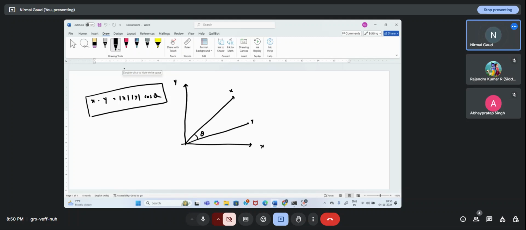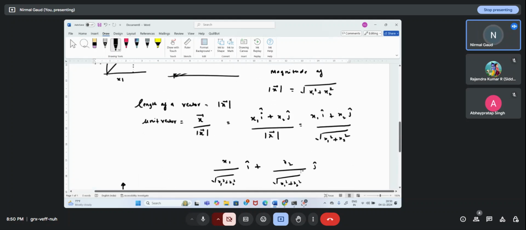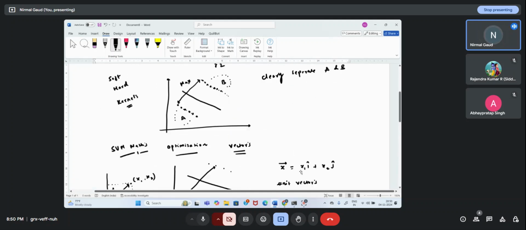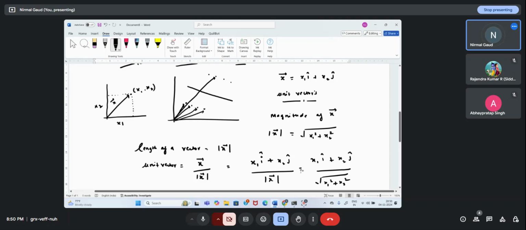So far, what we did in the previous discussion: I made a vector represented by this. I found the magnitude of the vector, which is also called the length of a vector.